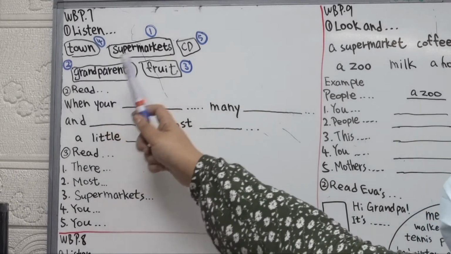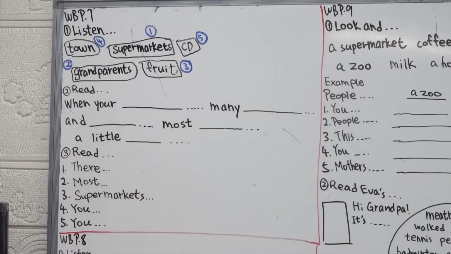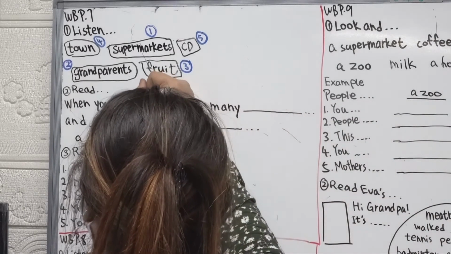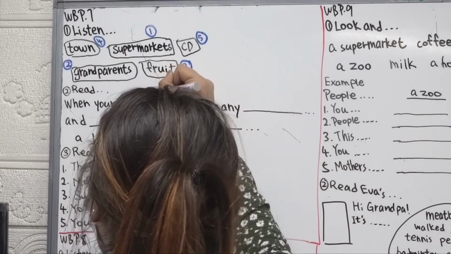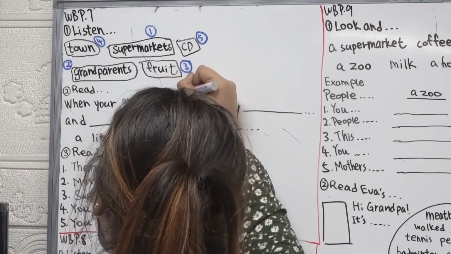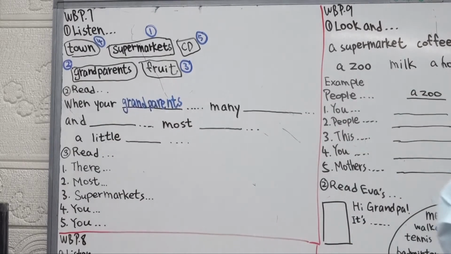Town, supermarket, city, grandparents, fruit. Of course, that is grandparents, right? Because they are your relation. So the answer is grandparents. Please write that down. When your grandparents were young, there weren't many.